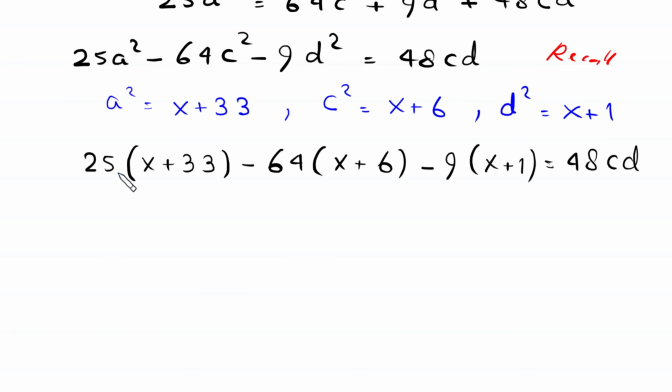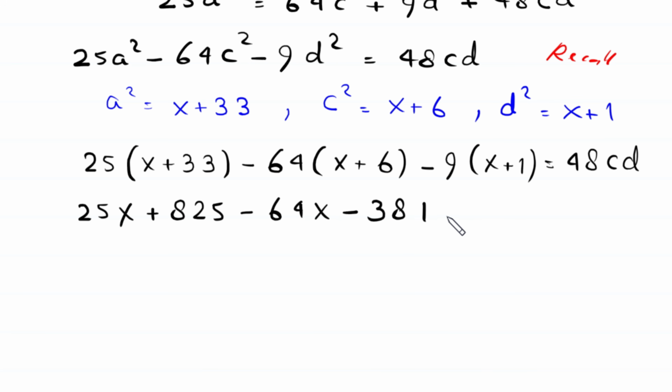Distribute the 25. This becomes 25 times x plus 825. Negative 64 times x, negative 64x, and negative 64 times 6 becomes negative 384.